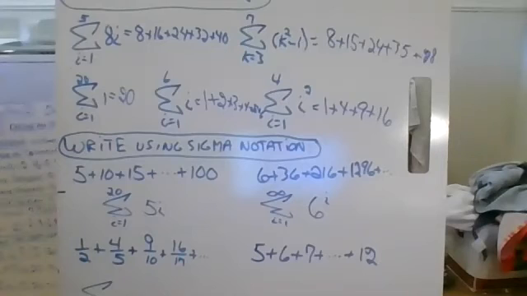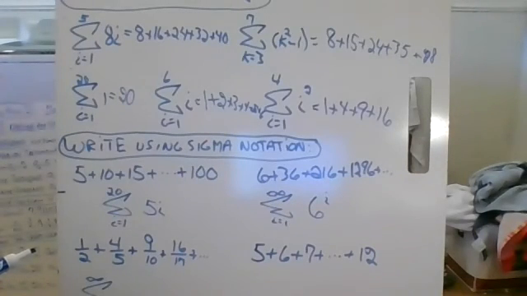Sigma, i equals 1 again to infinity. Now, 1/2, 4/5, 9/10, 16/17. What did I tell you about fractions? Look at the numerator. What do you see?